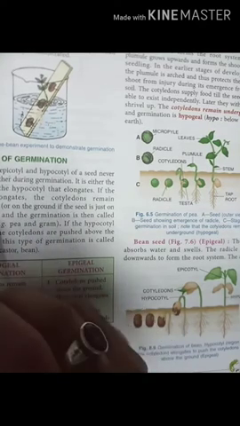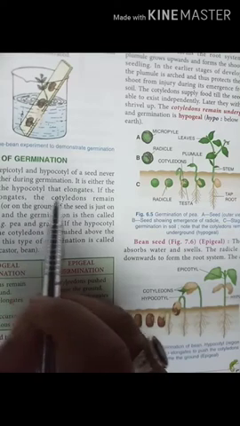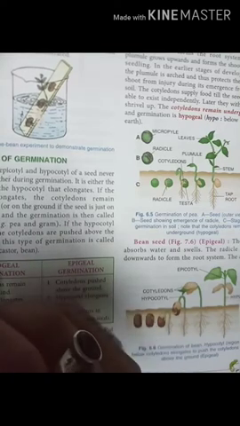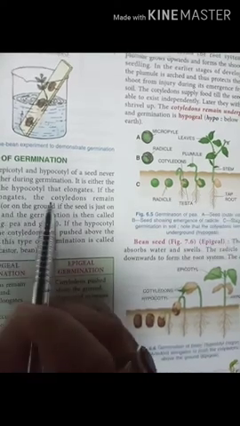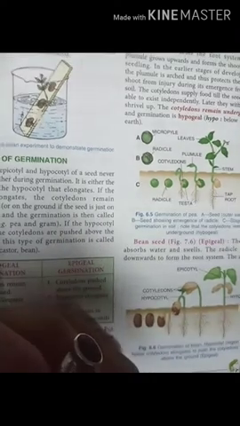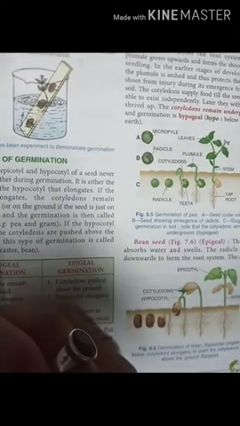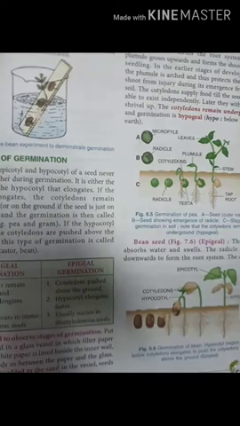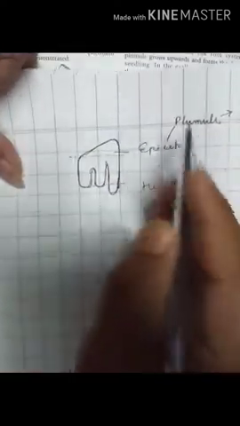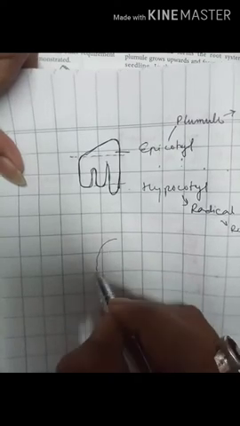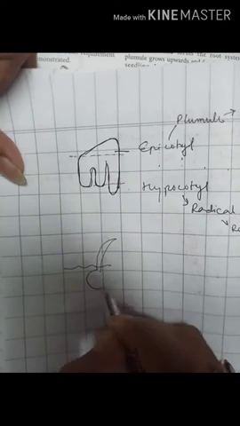It is either the epicotyl or the hypocotyl that elongates. If the epicotyl elongates, the cotyledons remain underground. Clear? So, if the epicotyl elongates, then the cotyledons remain in the ground.